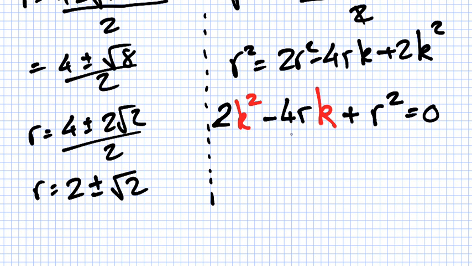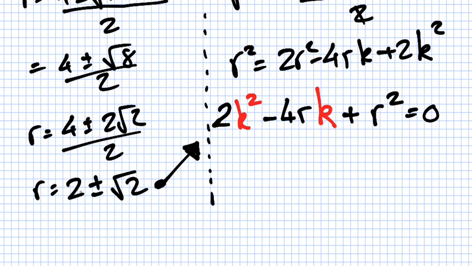So this is a quadratic with k as the variable, and if we knew the r, we could make it a quadratic with constants as the coefficients, and we actually do know the r here, so we need to put this answer in.